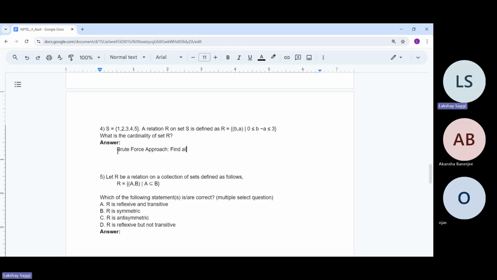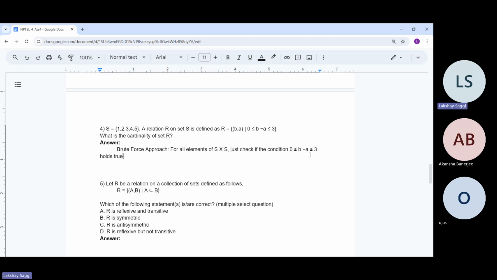to find, for all elements of S cross S, just check if the condition B minus A between 0 and 3 holds true.